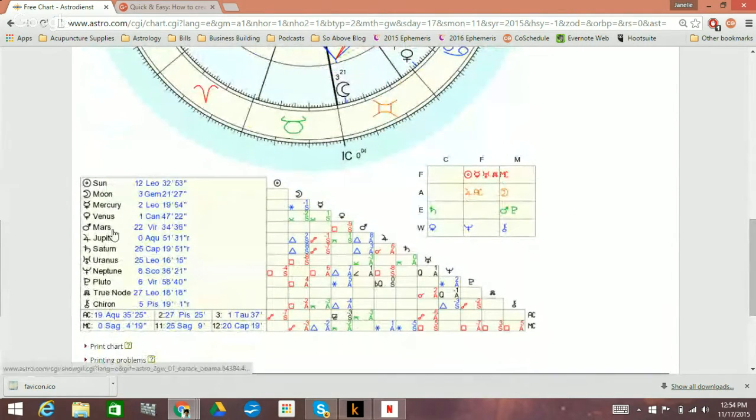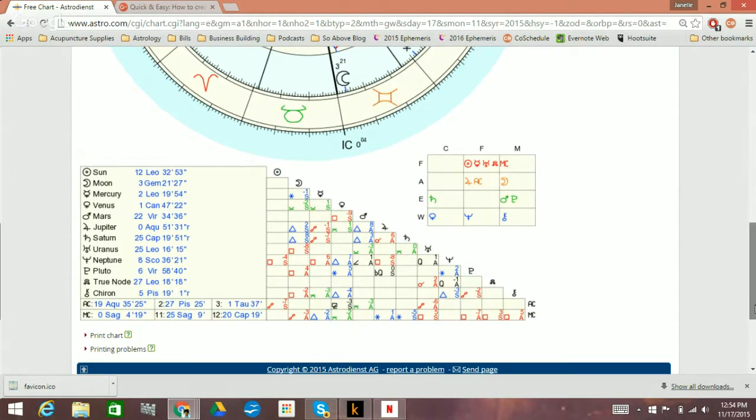The moon, Mercury, Venus, Mars, Jupiter, Saturn, Uranus, Neptune, Pluto, True North, and Chiron are all reflected, telling you the sign here in the middle and what the degree is, as well as what seconds. So how many seconds into the degree. There's 60 seconds, or 59 seconds, in a degree before it changes over to the next degree. And then also whether or not the planet is retrograde, which is the small r right here. But we don't need to know that for right now.